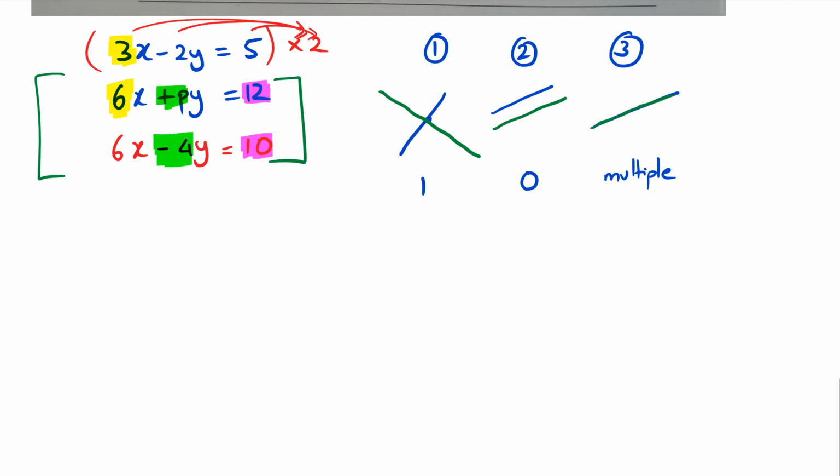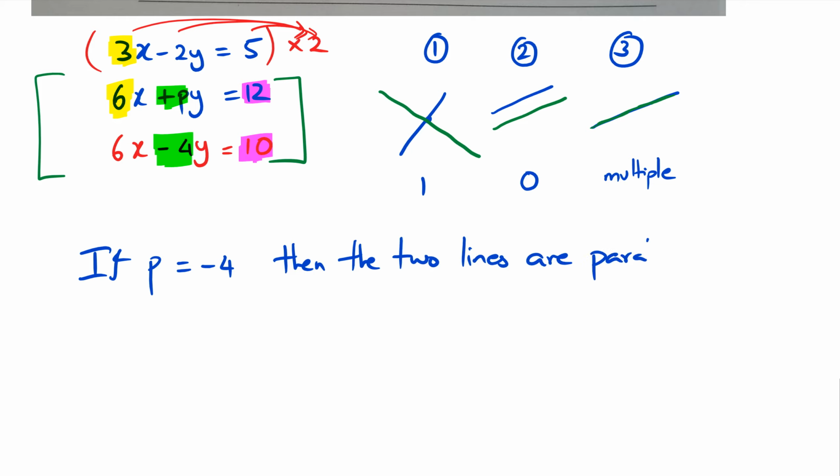Then this is a situation where these two lines are parallel. So in other words, if p equals minus 4, then the two lines are parallel, and therefore they never meet, and therefore there are no solutions, because they never actually meet.